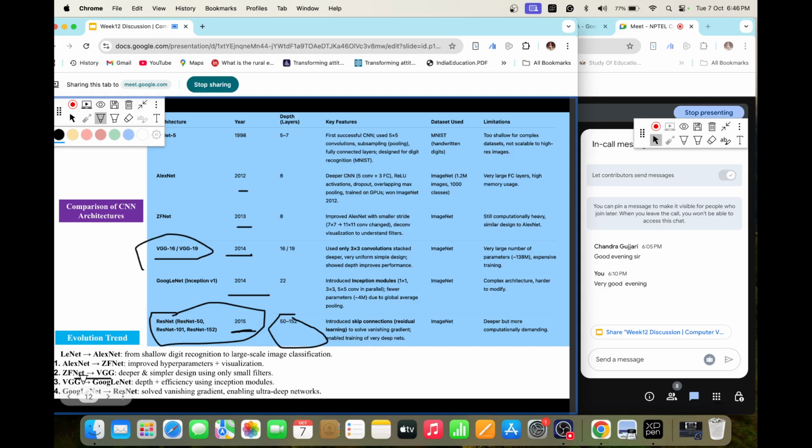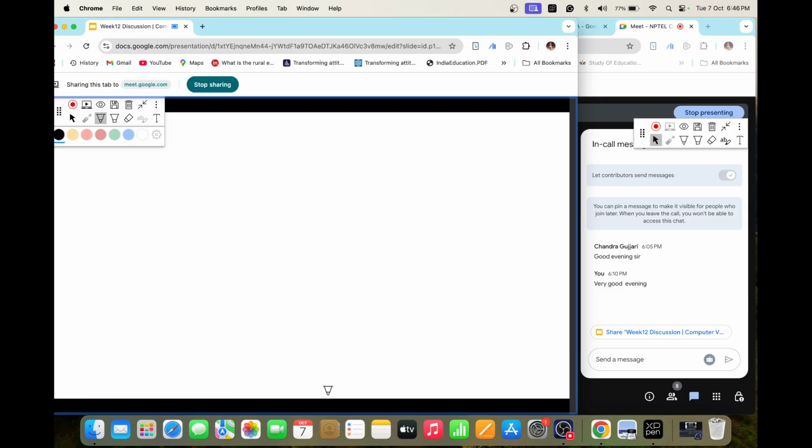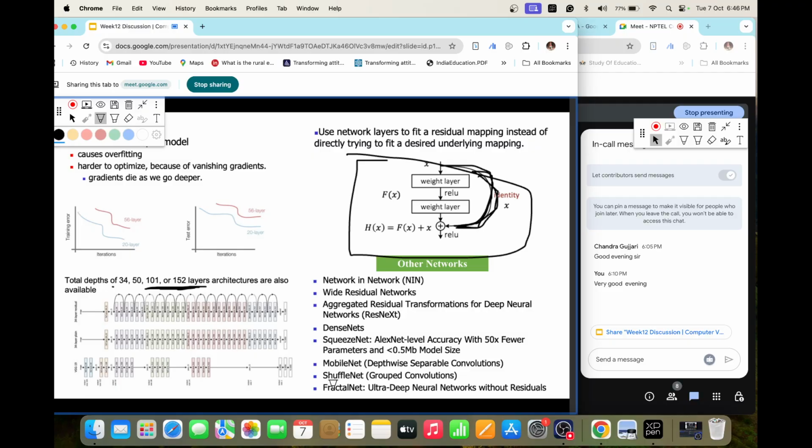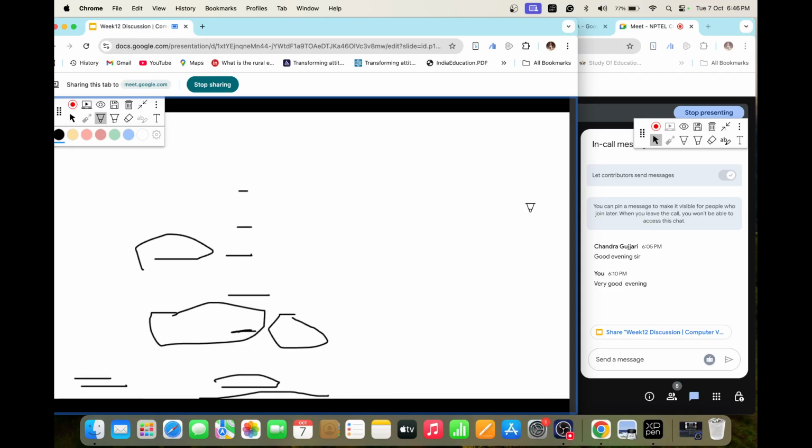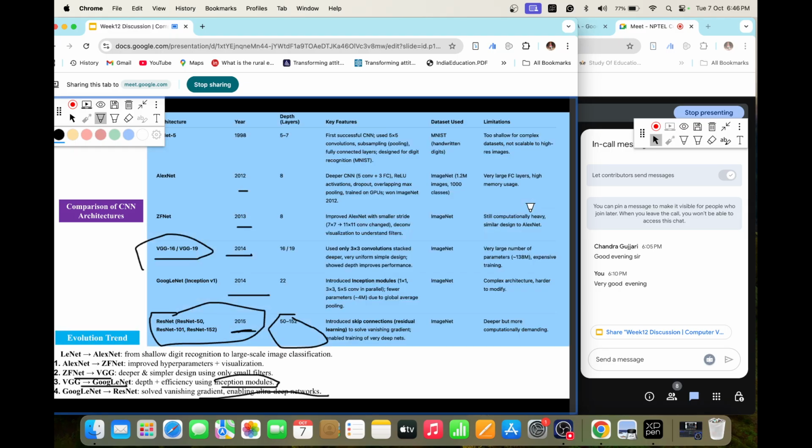Then VGG to GoogleNet, depth plus efficiency using the inception module, that is important in GoogleNet. And ResNet solved the vanishing gradient problem using ultra deep networks. Okay, this is very important, this is the innovation of ResNet. So this is the whole story of the different CNN architectures and the evolution trend.